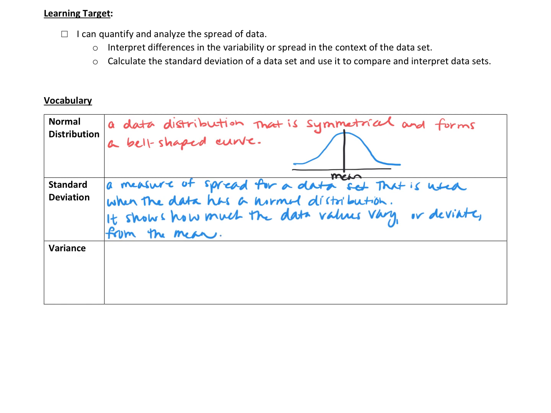All right, and then our last vocab word is variance. Variance is a measure of variability.